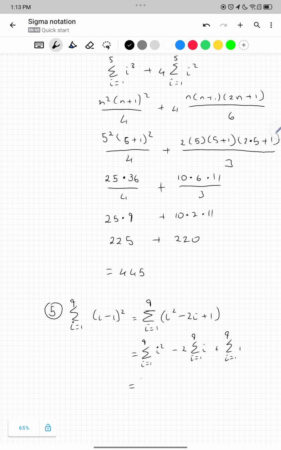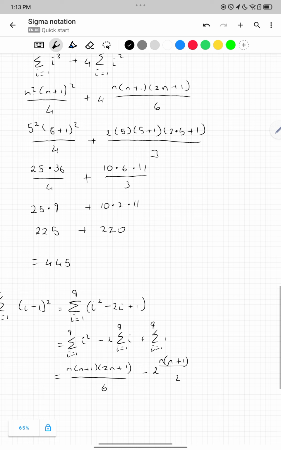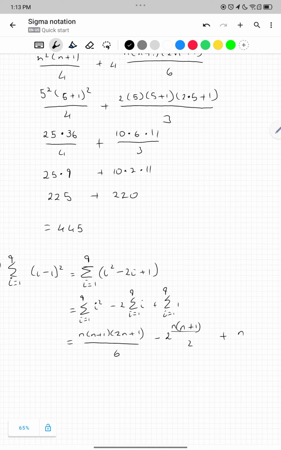So n, n plus 1, 2n plus 1 all over 6 minus 2 times n, n plus 1 over 2, plus n. I'm just writing the formula, so be careful, not expressing it now. Where our n is as follows, n is 9. So 9 times 9 plus 1, 2 times 9 plus 1.